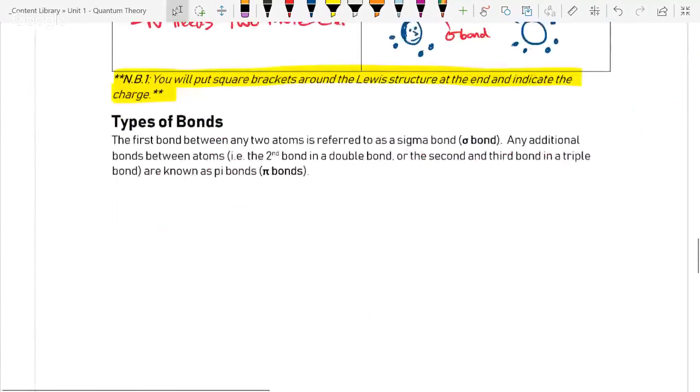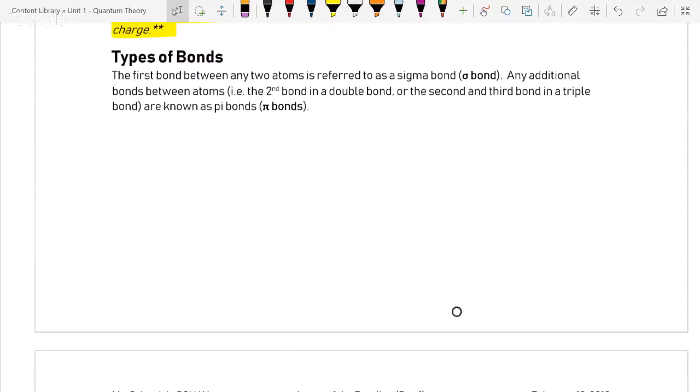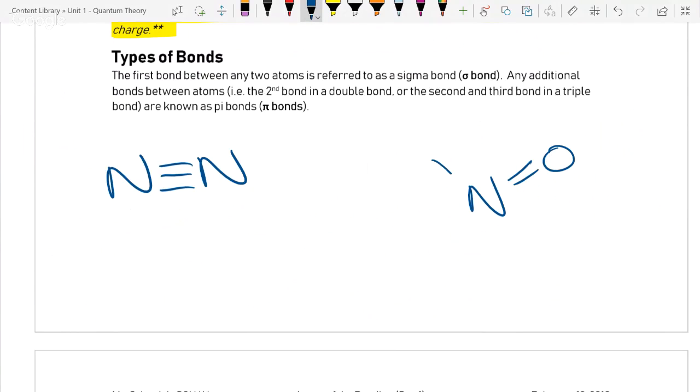Okay, and then here I just want to remind you that if we were to look at, say, nitrogen gas, or, well, we'll put the nitrate ion back up. Hey, how many lone pairs would each of these nitrogens have to have?